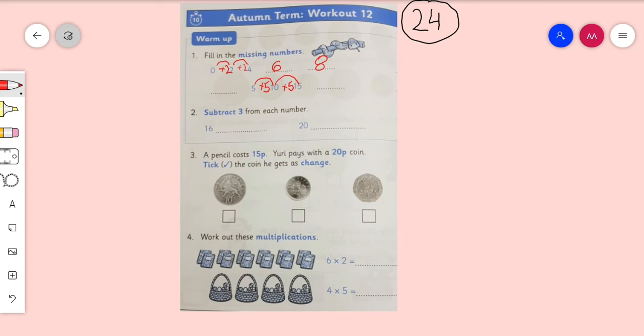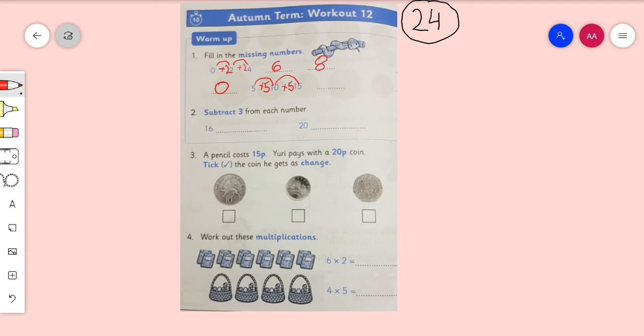So something plus 5 is equal to 5. And because something plus 5 and the answer is the same, we know when we add something to 0, the answer stays the same, so we can write 0 here.